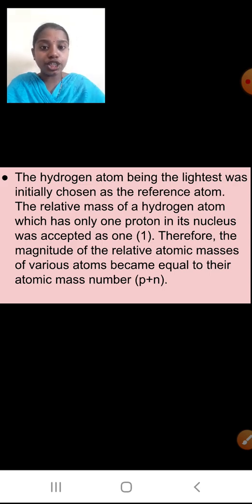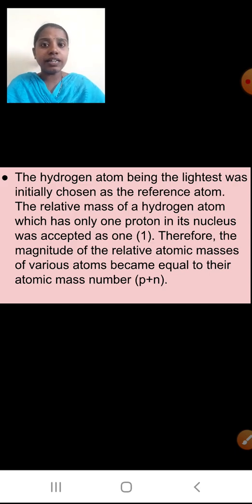Therefore, the magnitude of the relative atomic masses of various atoms became equal to their atomic mass number, that is P plus N. So here hydrogen is only 1.